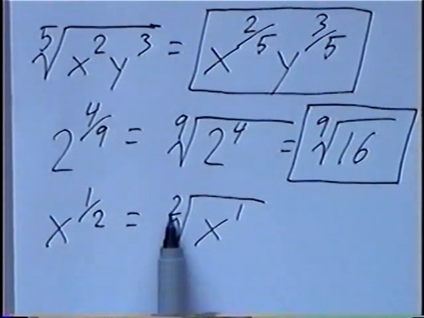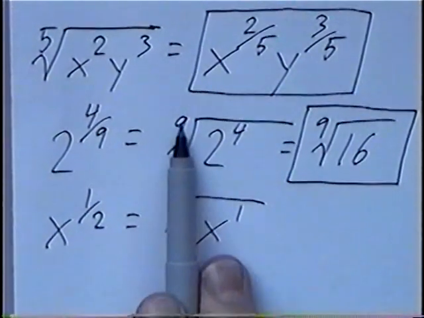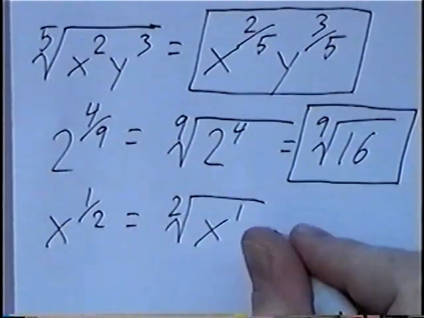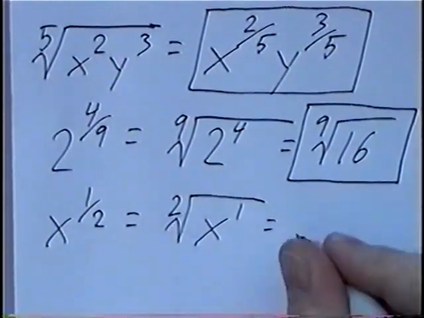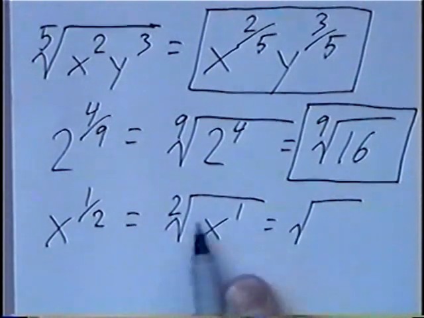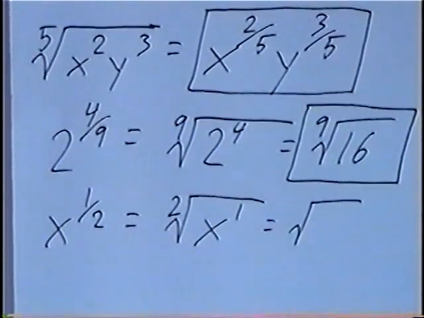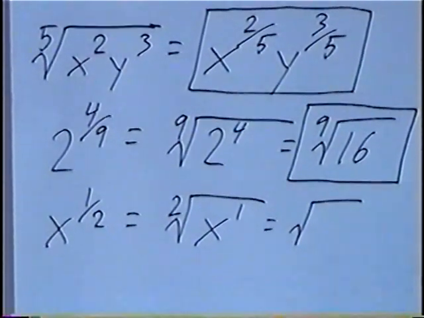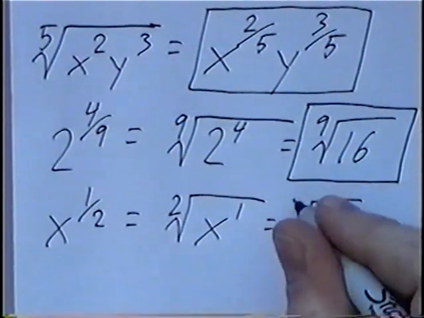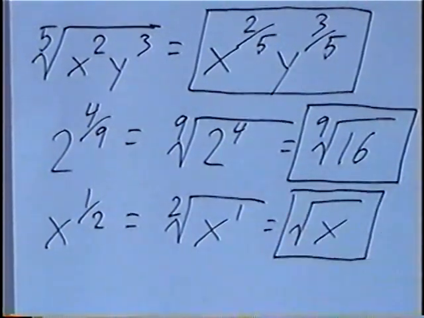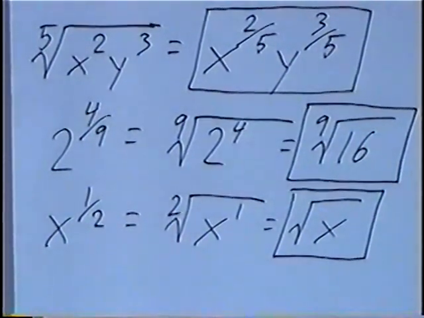The 2 on the outside represents a square root. If you have any other number than a square root, we can leave that on there. If we have a 2, you can take the 2 off. A square root is the same as the second root, and x to the first power would just be x. So again, switching x to the 1/2 power is the same as the square root of x.